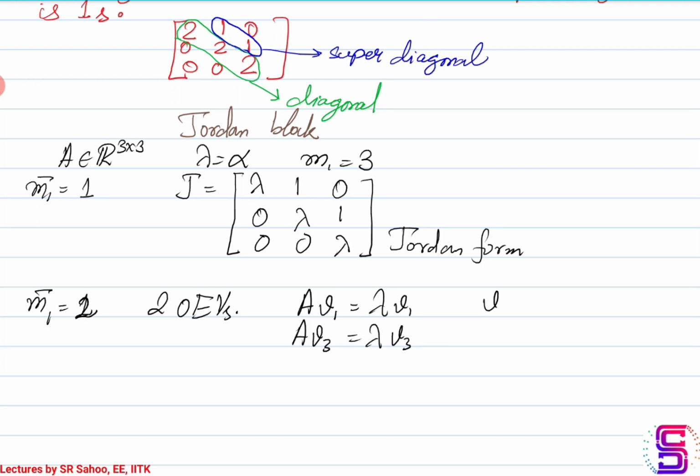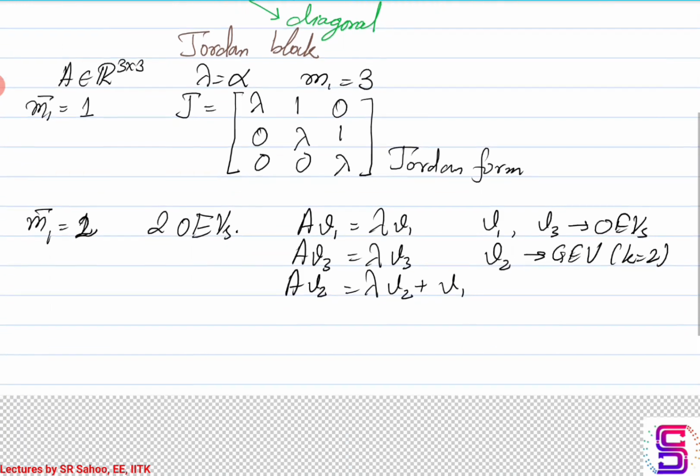If it is generated from V1, then it cannot be generated from V3, and vice versa. Sometimes it needs to be generated from a linear combination of V1 and V3 because it cannot be generated from either of them.